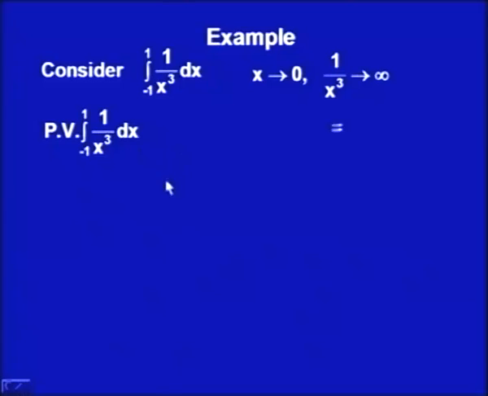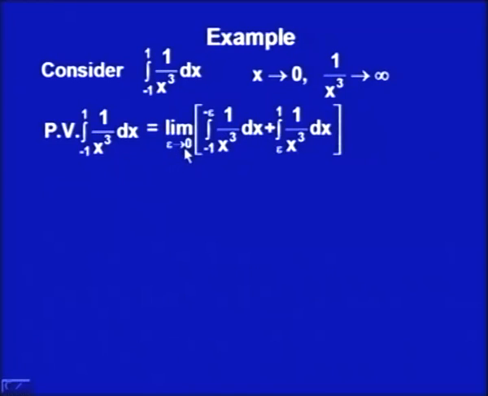The Cauchy principal value of this integral would be the limit as epsilon approaches 0 of the integral from minus 1 to minus epsilon of 1 upon x cube dx, and then the integral from epsilon to 1 of 1 upon x cube dx. If I consider this first integral from minus 1 to minus epsilon, this function is finite and the integral exists, and the value of this integral is minus 1 upon 2 x square, evaluated from minus 1 to minus epsilon.